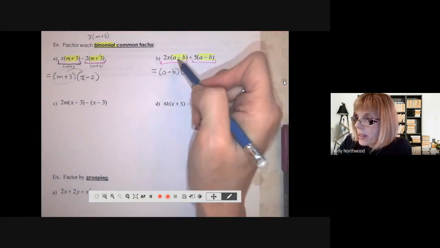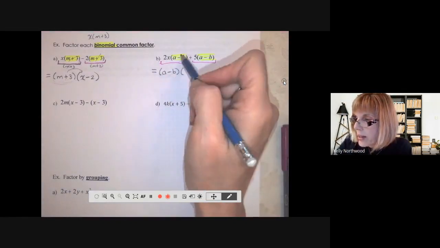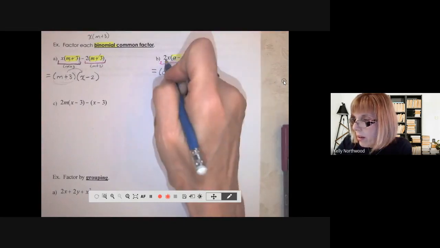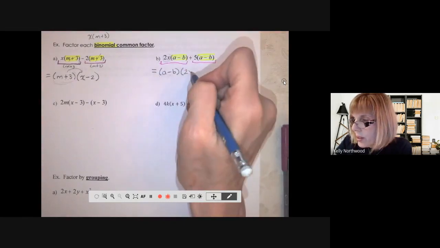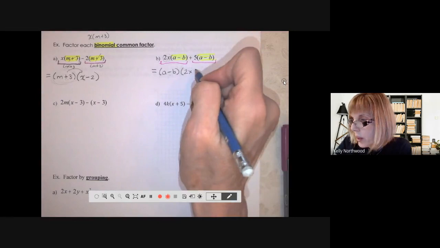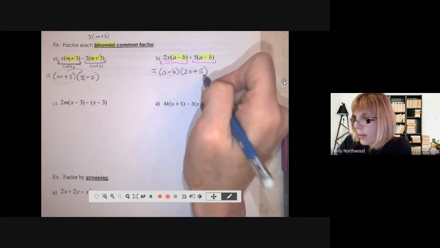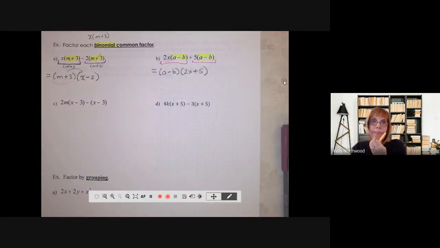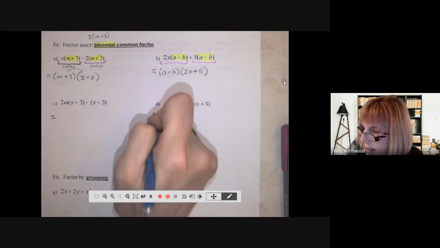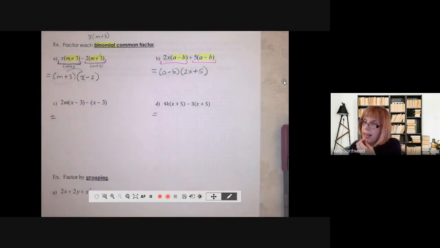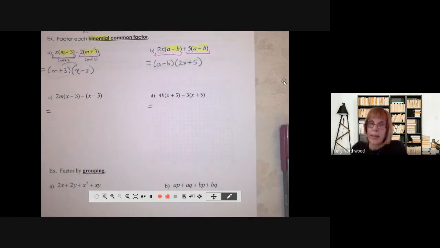And then when you mentally divide each big chunk by a minus b, you're left with the leftovers in each part, in each chunk, and they form the other factor. So try C and D using that reasoning. I'll give you a couple of minutes to see if you can get them. They should just take one step.